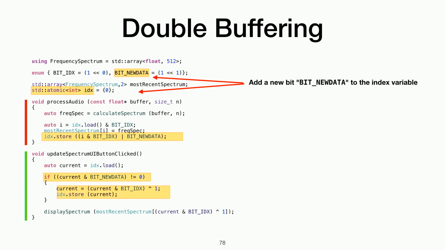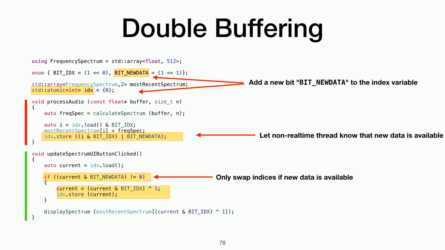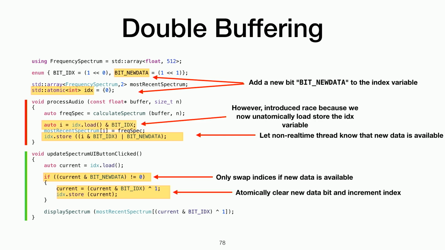That's usually going to end up in an ABA problem, just as before in his slides. So what we're going to do is put that bit that there's new data inside the index as its own bit, right? And then the real-time thread can just set that bit whenever it has new data, and the non-real-time thread checks that bit, and if that bit is set, only then will it swap the index, and then it can read.